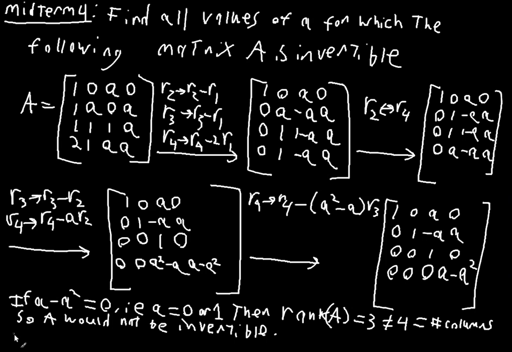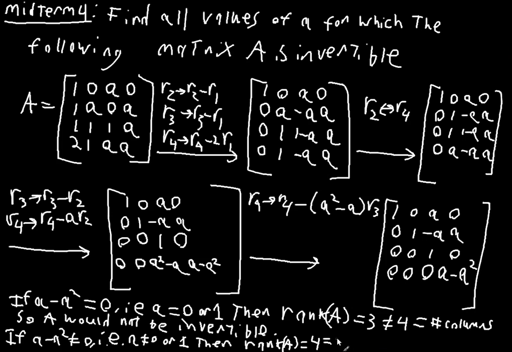All right. However, if A minus A squared is not equal to 0, i.e. A does not equal 0 or 1, then the rank of A is equal to 4, which equals the number of columns, for example.